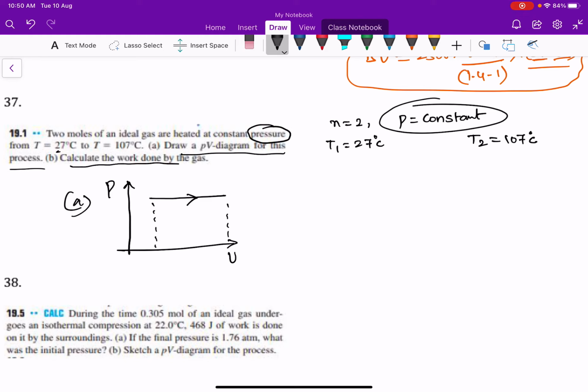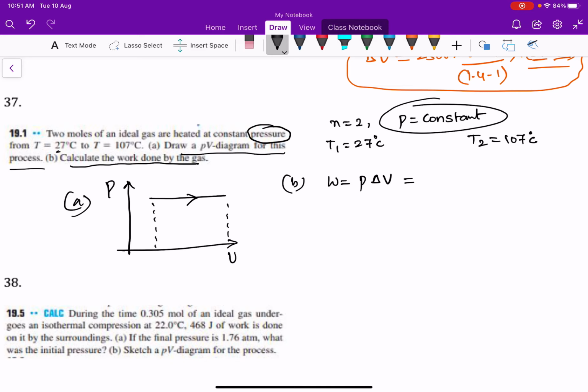Next, calculate the work done by the gas. Work done by the gas is nothing but P delta V. So here P is given as constant pressure. 2 moles of ideal gas are heated at constant pressure from T equal to 27 degrees Celsius to 107 degrees Celsius.